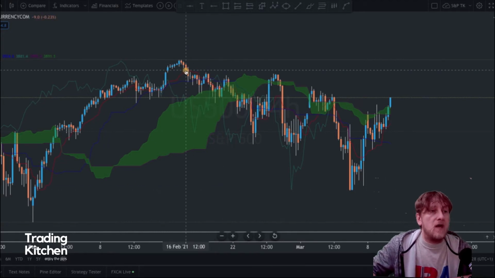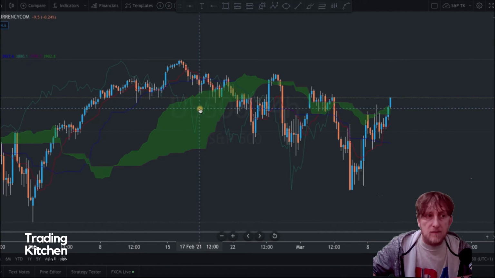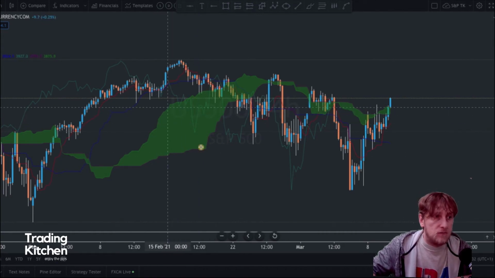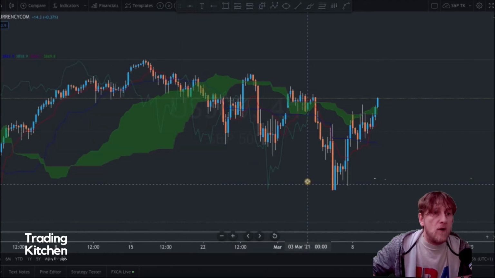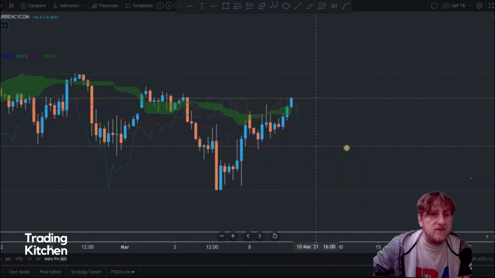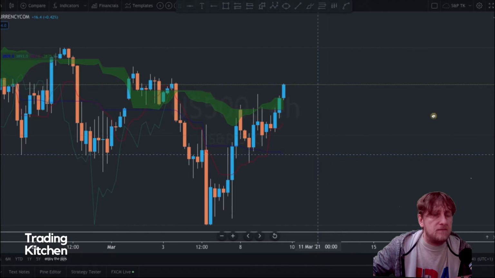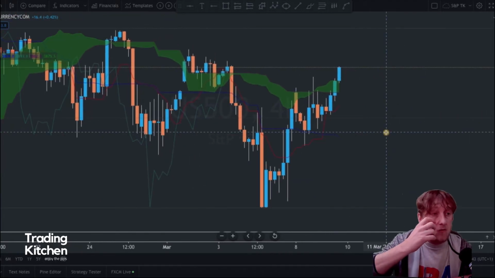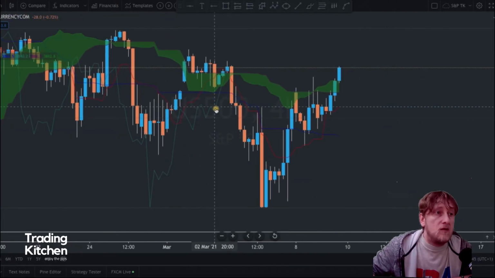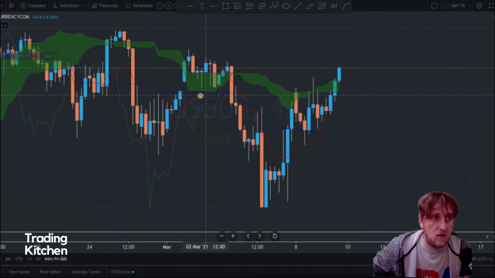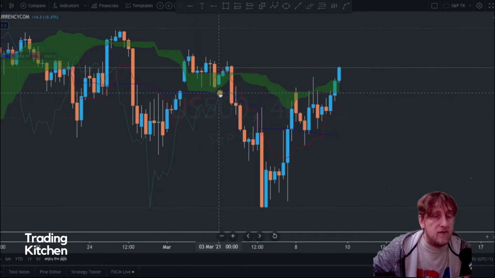As you can see, we have 4 elements: the cloud, which is the grid one, and 3 lines. Let me zoom, maybe you can see them. We have the red one, the green one, and the blue line.